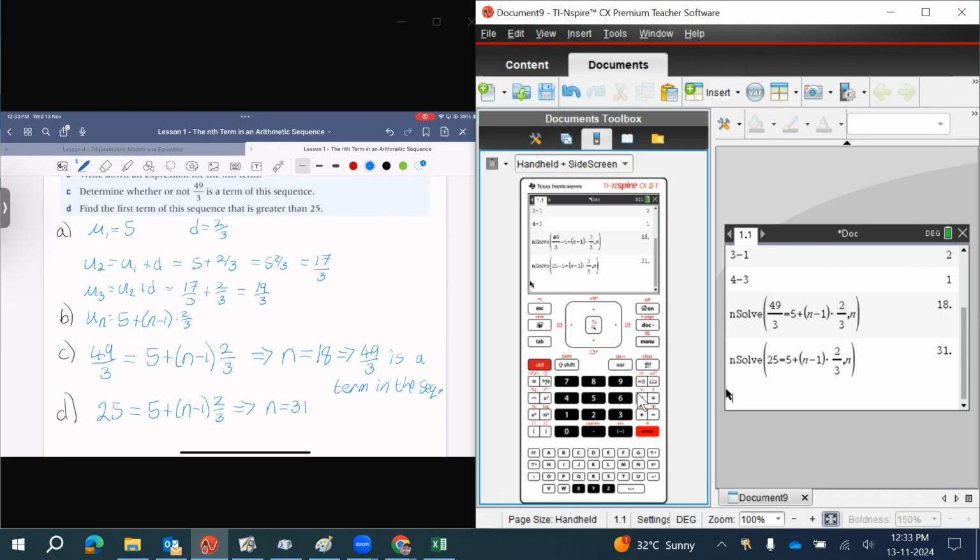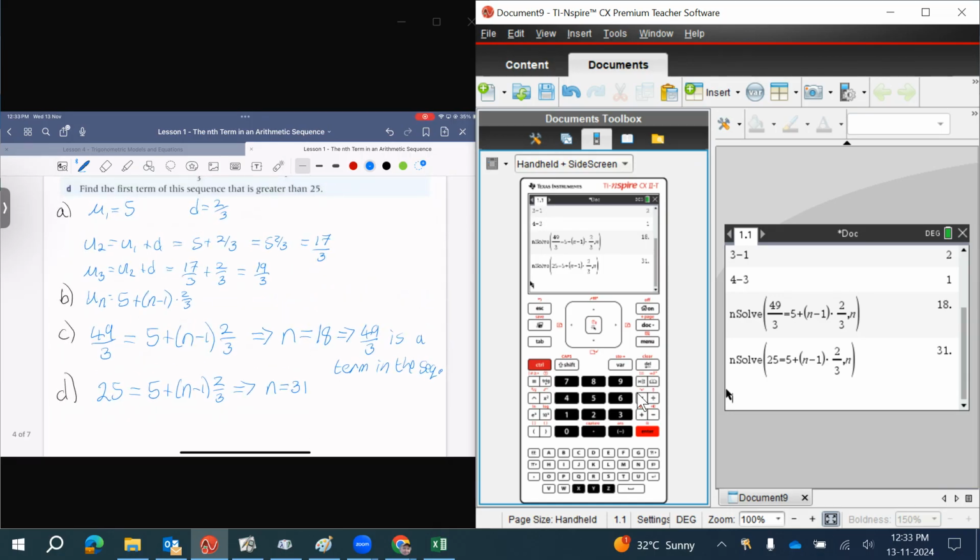So, we get 31. What is the answer to the question? Reread the question. So the 31st term is equal to 25.